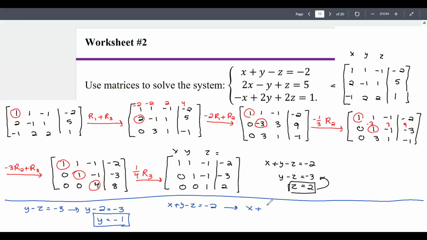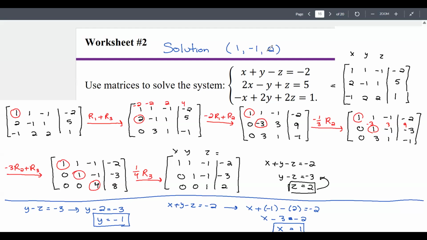We don't know x, but we know y is -1, and we know z is going to be 2, so x minus 3 equals -2. So x is going to be equal to 1. So my solution is the ordered triplet where x is 1, y is -1, and z is 2.